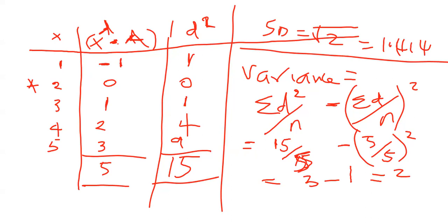If I want to use the formula, it's the same thing I will write, but with a square root: the square root of summation of d square over n minus summation of d over n all squared. Or you just take the square root of the variance and get your result.